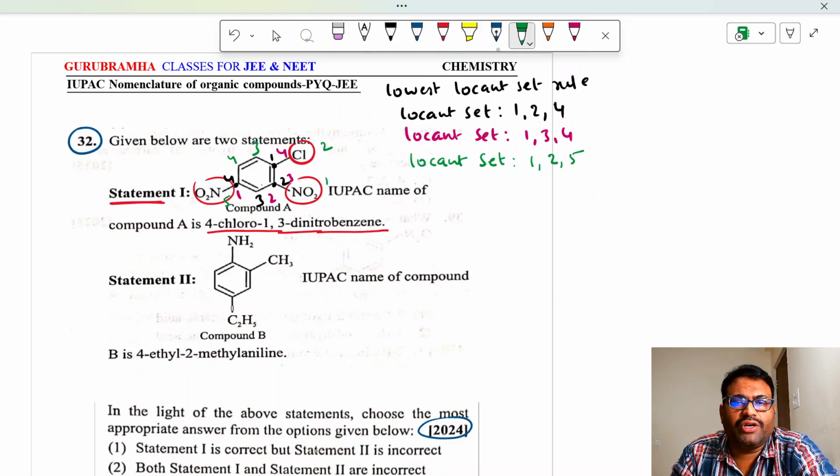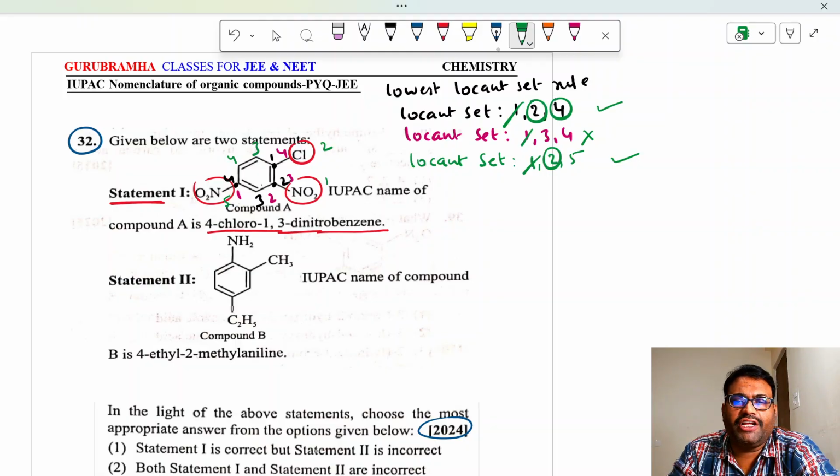Now compare these locant sets. When you compare these, the first one is common in all, so you can cancel them. Then the second one: in the first locant set and third locant set you are finding the same 2, 2, whereas in the second locant set you are finding 3. So you cancel this one. Now you compare locant set 1 and locant set 3.